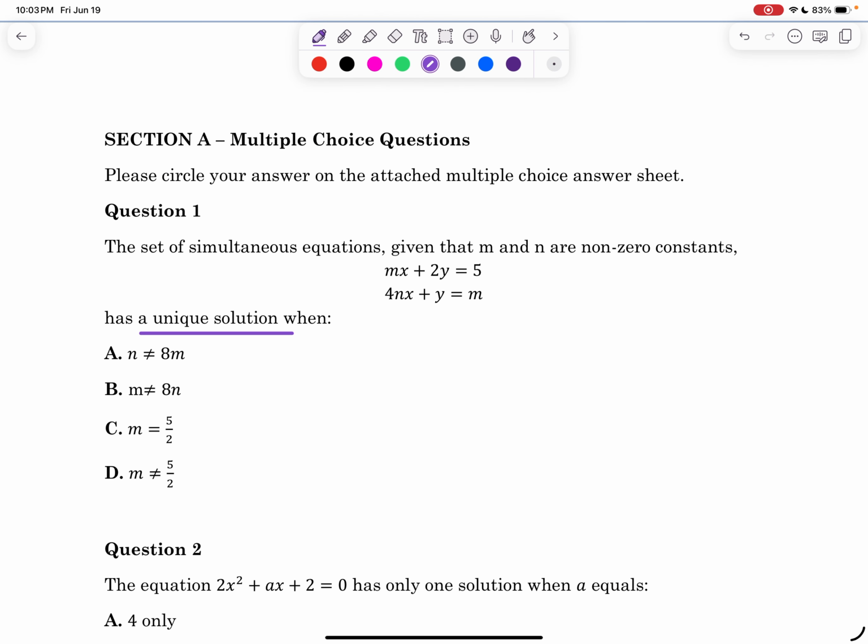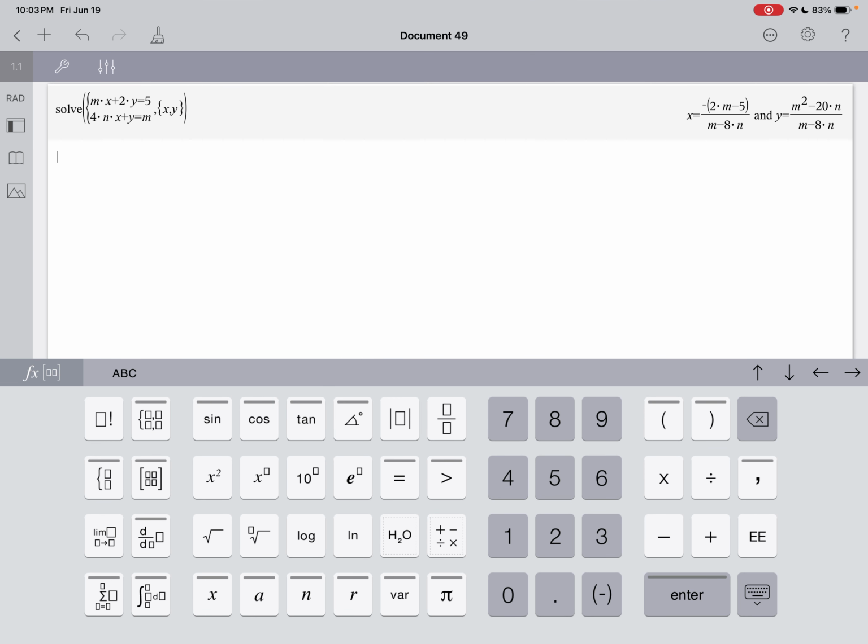So 2m minus 5 is 0. So m will equal 5 on 2. So when m is 5 on 2, that's going to equal 0. So we're going to get one solution.